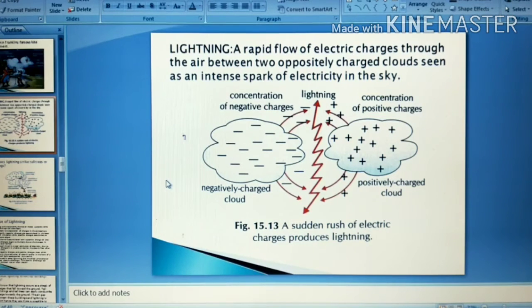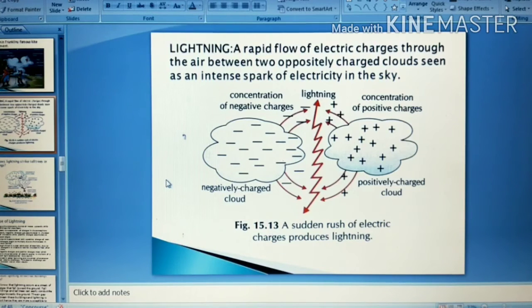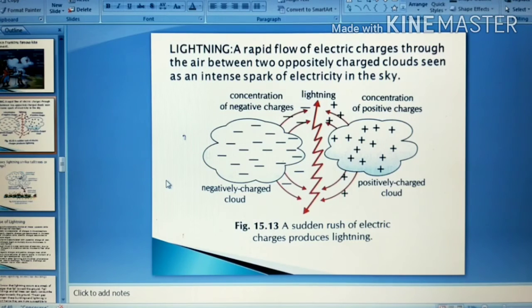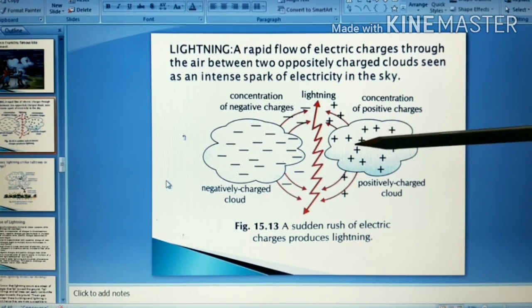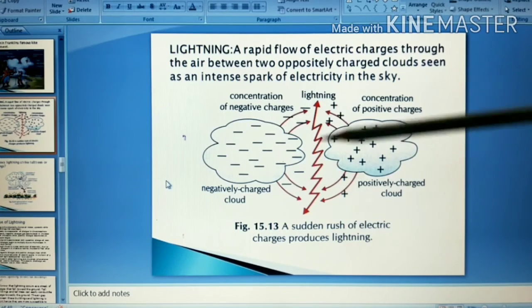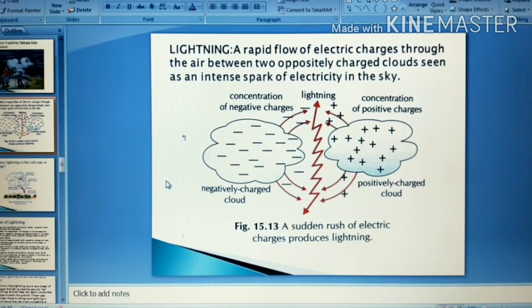The passage of electric current in the air due to movement of electric charges is called electric discharge. I repeat again, the passage of electric current in the air due to movement of electric charges is called electric discharge. You can see here from one cloud the charges are moving on to the other cloud and from the second to the first. So this creates an electric discharge.